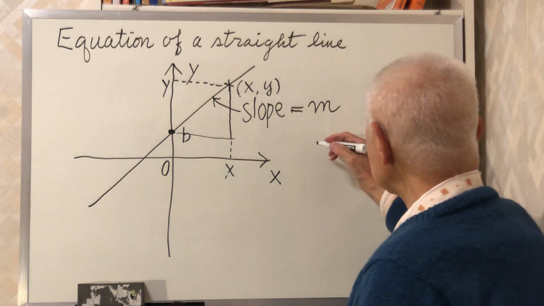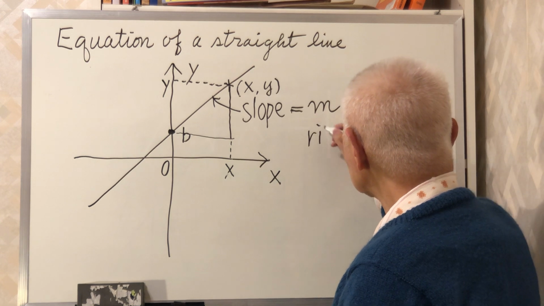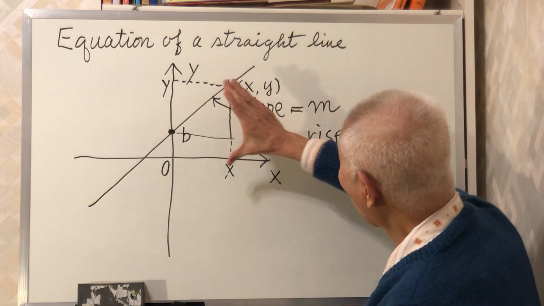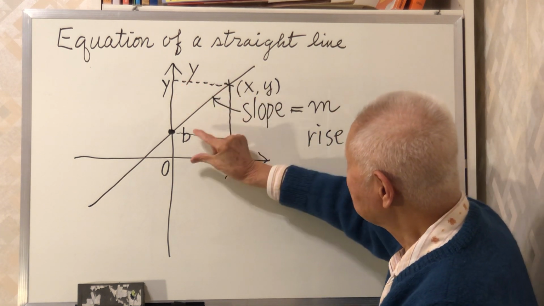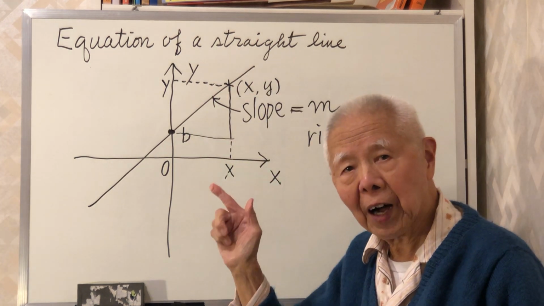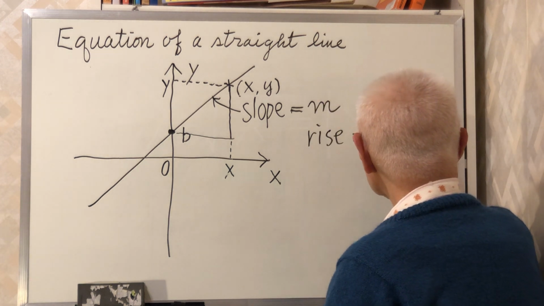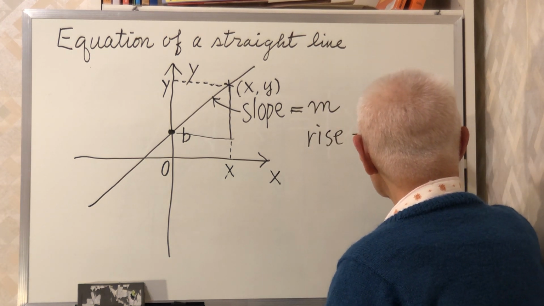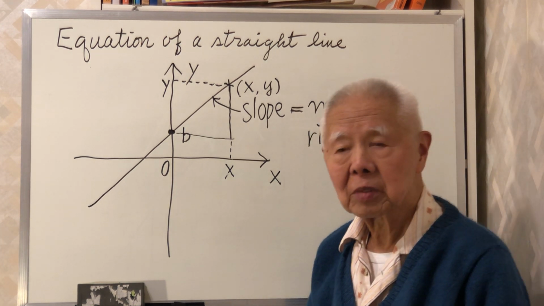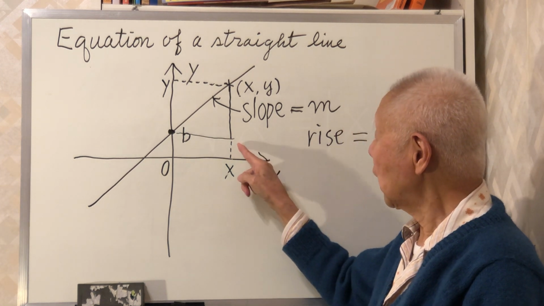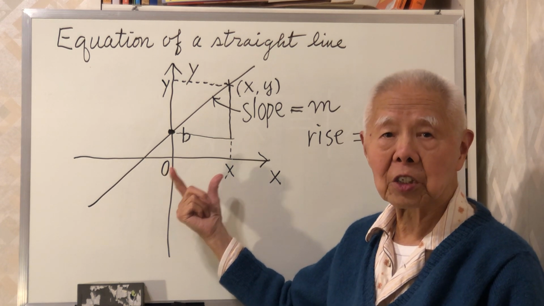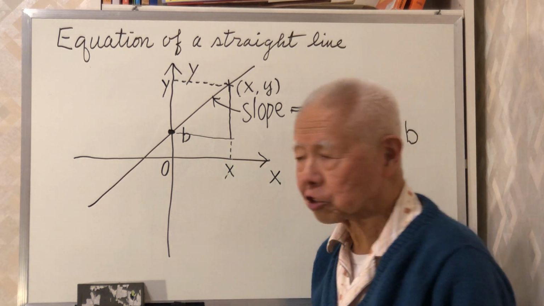So the rise is y minus b. So this is the rise. Rise is y minus b. What is run? Run is x minus 0. In other words, run is just x.